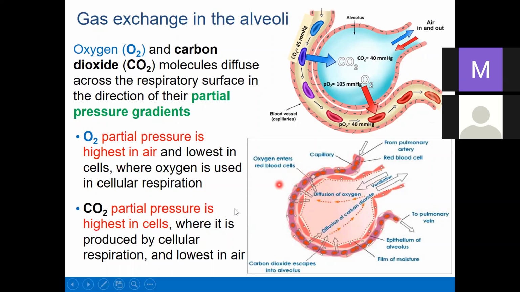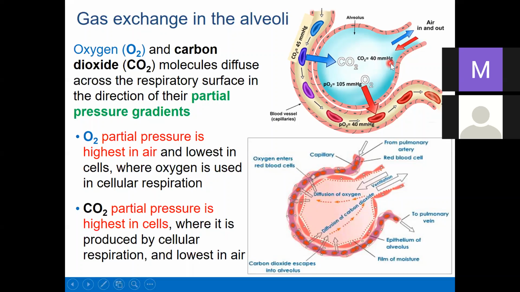On the other hand, carbon dioxide partial pressure is highest in the cells. As you see here, in the capillary we have 45 millimeters of mercury of carbon dioxide partial pressure, and in the alveoli it is 40.